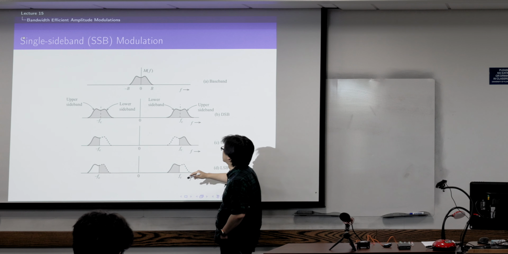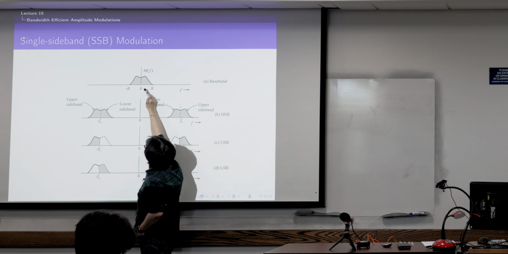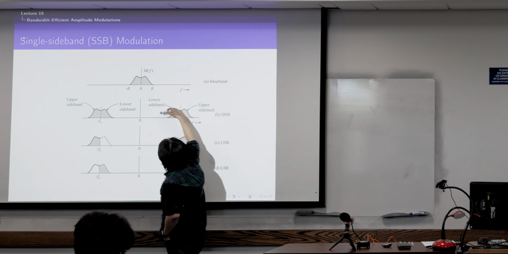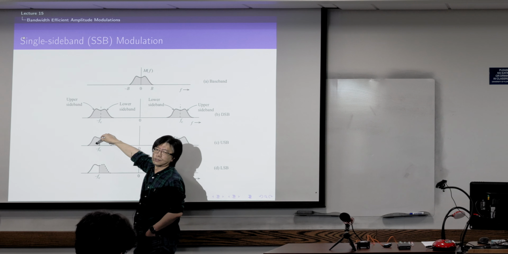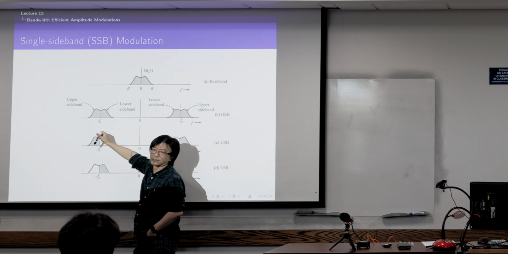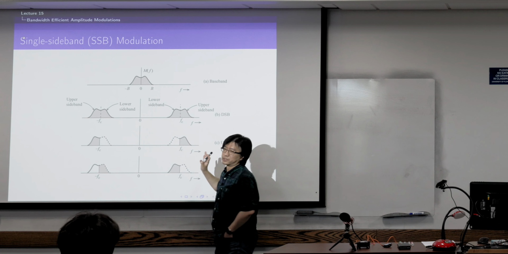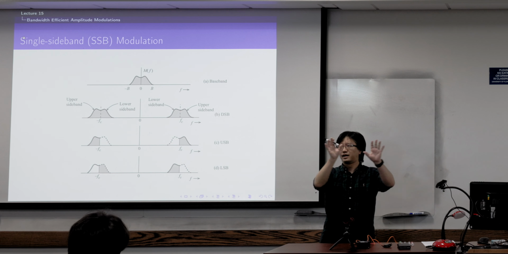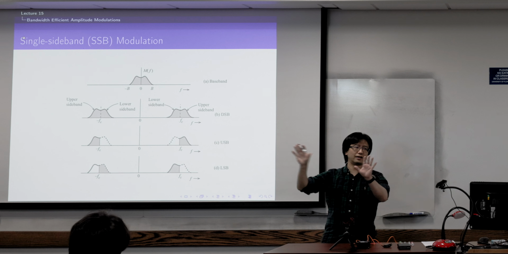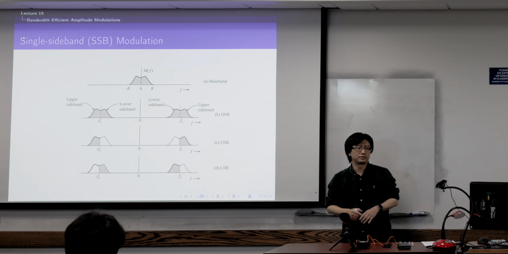The reason is that for the original signal, we want to move this part to here and this part to here, if we use USB. This is a weird operation: how do we move half of it to one side and the other half to the other side? This is where the difficulty comes from.